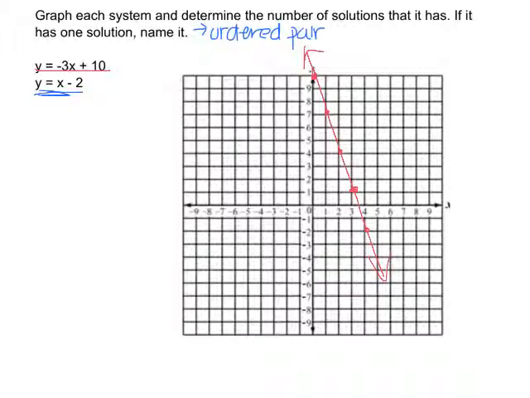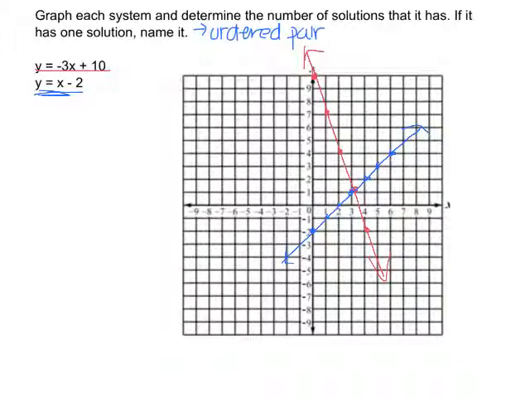So I have y equals x minus 2. Minus 2 means I'm going to start at negative 2 because that's my y-intercept. And then I'm going to go up 1 over 1. And there's plenty of points. And so now I'm going to connect those dots.